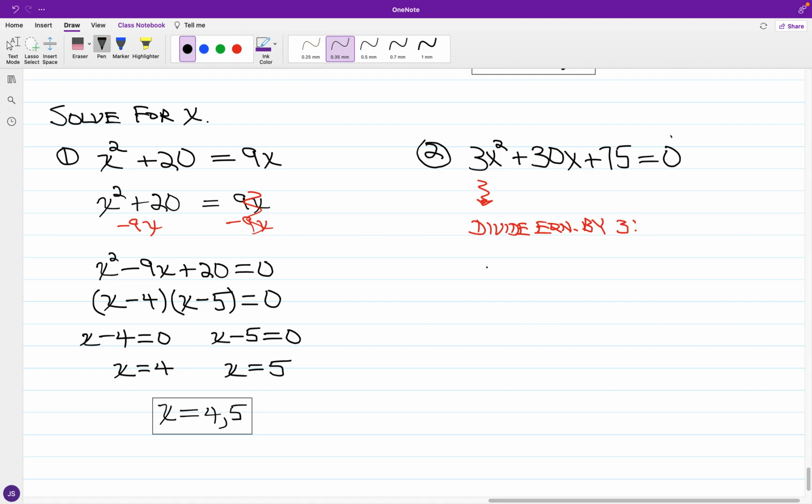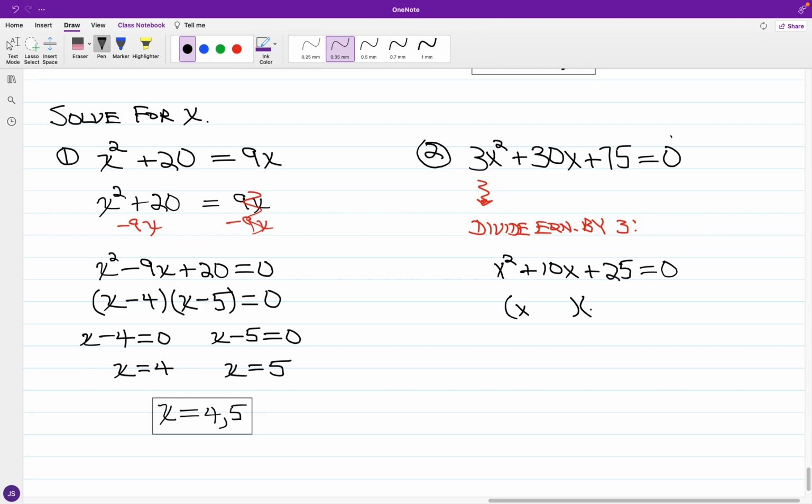If I divide the equation by 3, 3x squared divided by 3 is x squared, 30x divided by 3 is going to end up at 10x, and 75 divided by 3 is going to be 25. So in the rewrite, you got x squared plus 10x plus 25 is equal to 0.